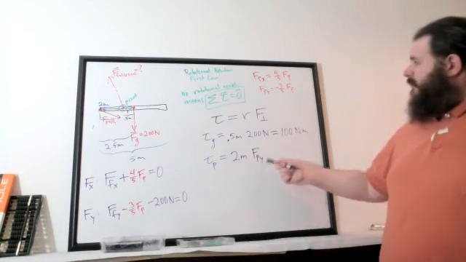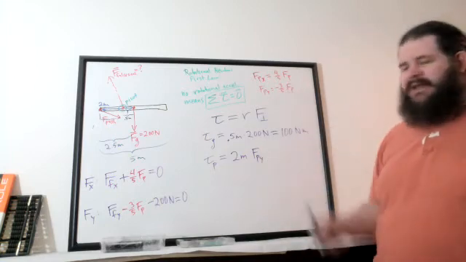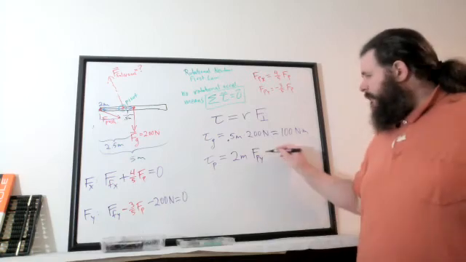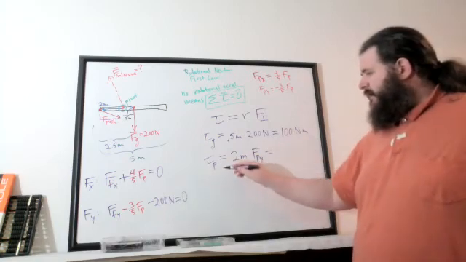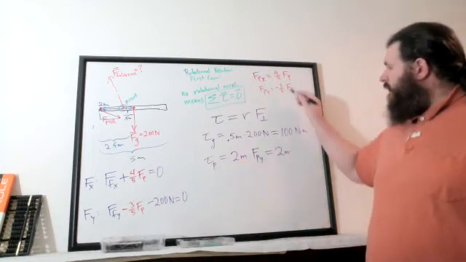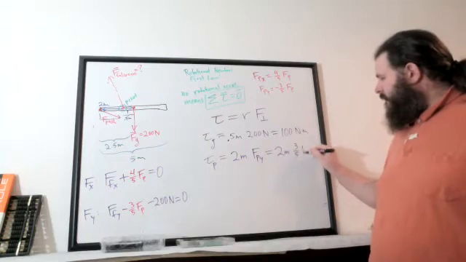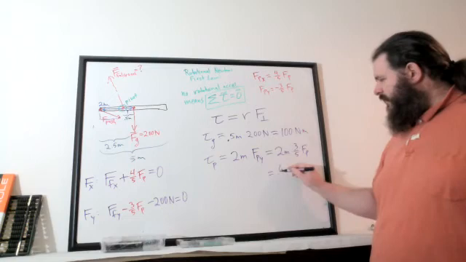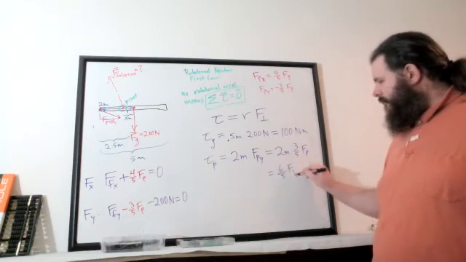And we also know FPY happens to be negative 3/5 FP. We can ignore the negative for now because we're just looking at magnitude. But torque from the push is 2 meters times 3/5 FP. Or 2 times 3 would be 6/5 FP.